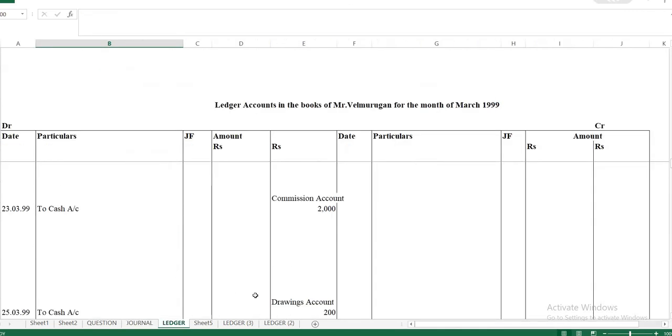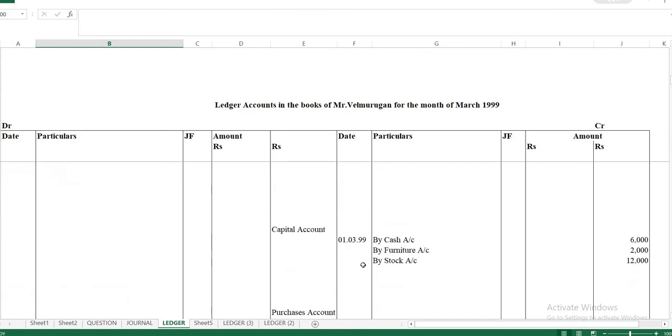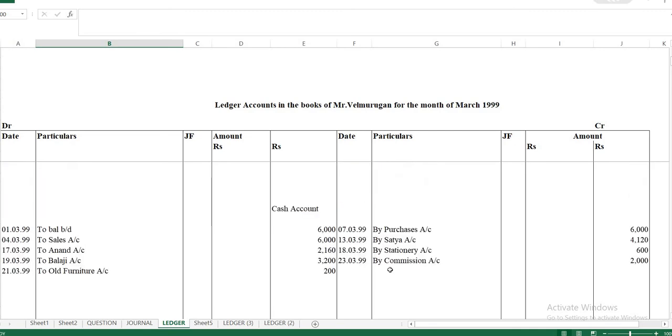As I told, always when cash is going out of your business, everything will come under the credit side only. So that amount, 200 on 25th of March, has to be given over here, and all that you have to mention.